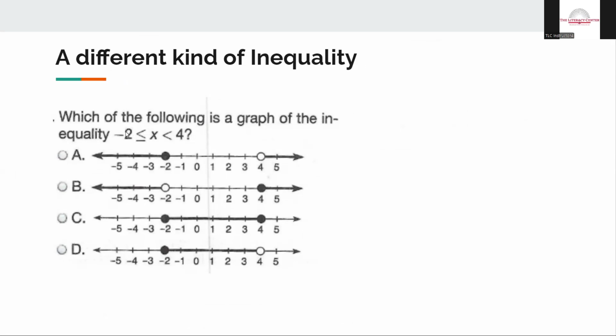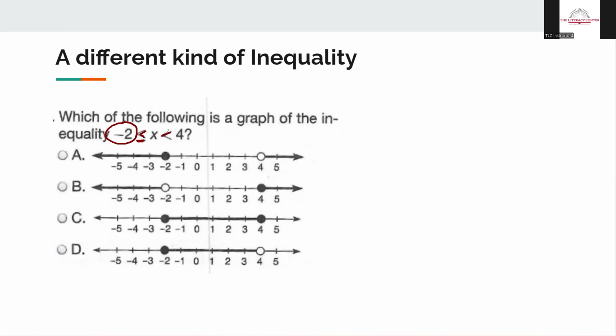X is going to be greater than some number, but less than some other number. So the number on the very left, -2, should be the leftmost part on our graph. We should be starting at -2 because we have a less than or equal sign here. Our circle should be filled in.